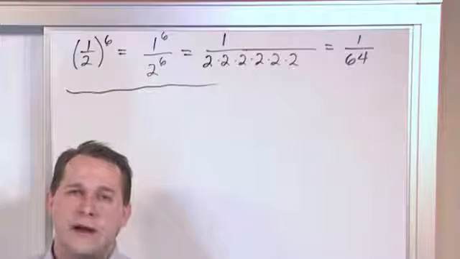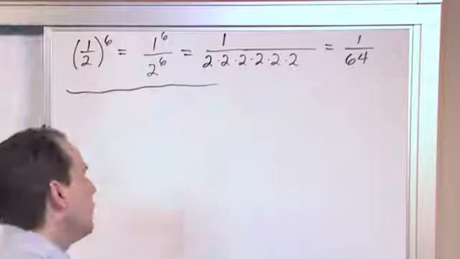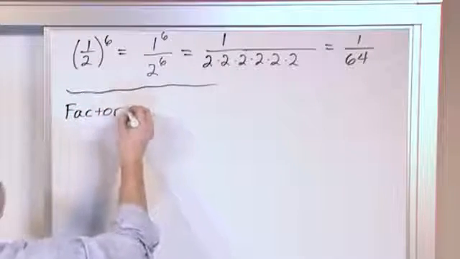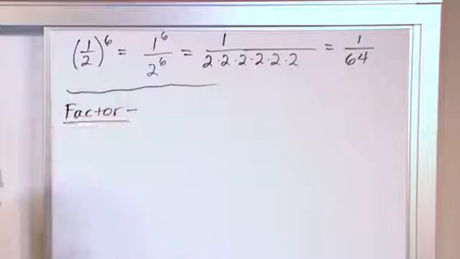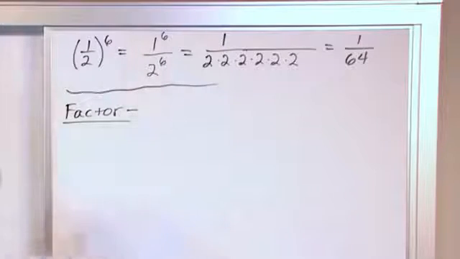Next, I want to talk to you about a term that you'll see a lot in algebra. It's called a factor. So let me write that down real quick. A factor. I am not going to give you a book definition for a factor. I'm going to give you Jason's definition, because I think my definition is a little easier to understand, even though it's not as nicely worded as a book.